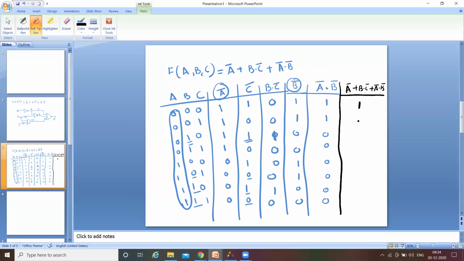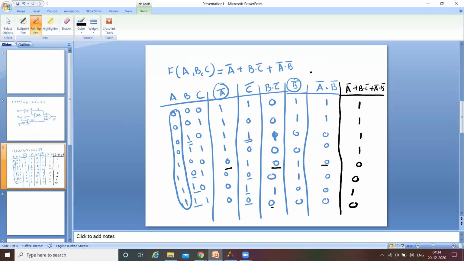The first rows are 1, and the next ones are 0, 0, 0, then 0, 1, 0, this becomes 1, next 0, and this becomes 0, 0, and this is also 0.